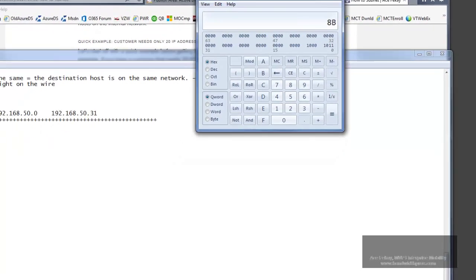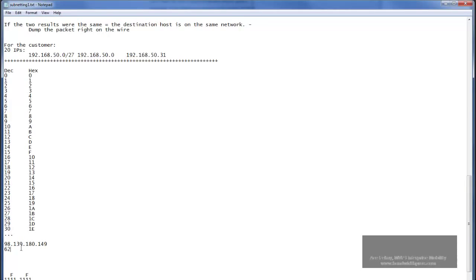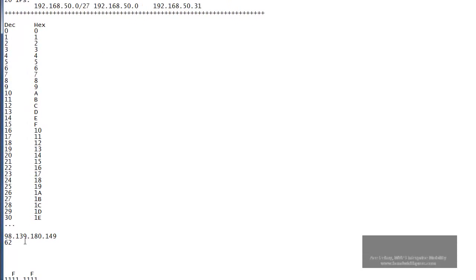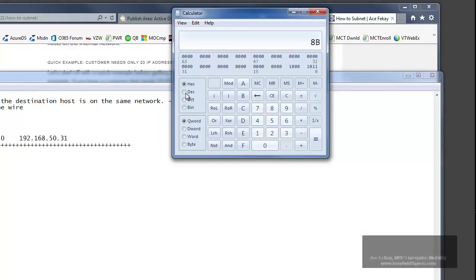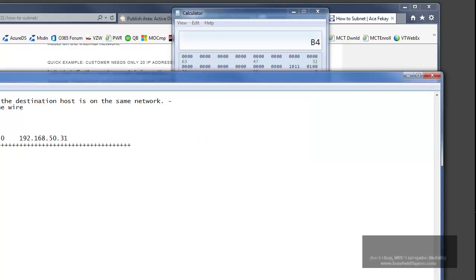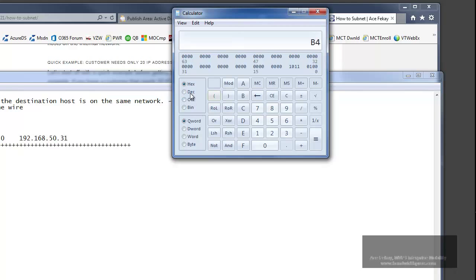It's equal to 8B. 180 decimal, hex is B4, and 149, hex is 95.